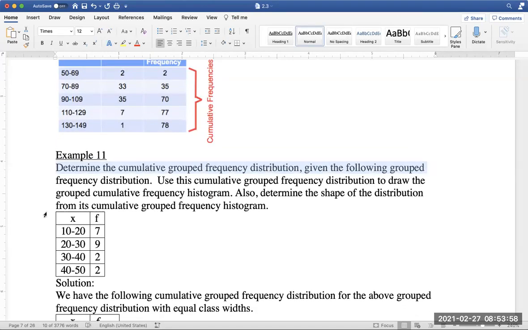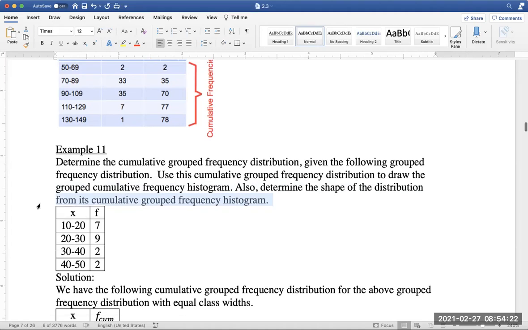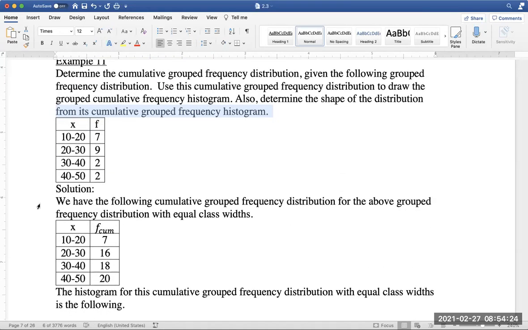Determine the cumulative frequency distribution given the following group frequency distribution. Use this cumulative group frequency distribution to draw the group cumulative frequency histogram. Also determine the shape of the distribution from its group frequency histogram. So let's try to do that.